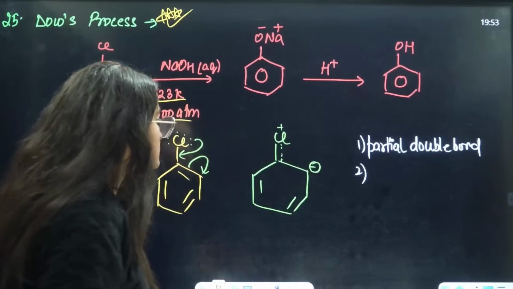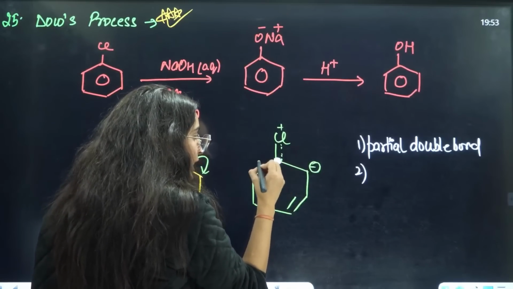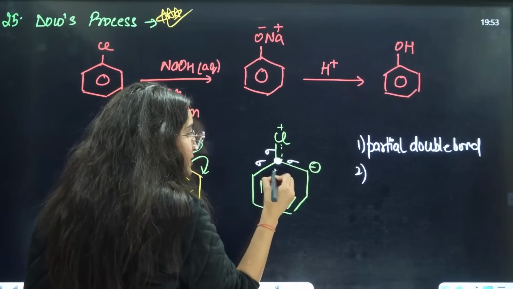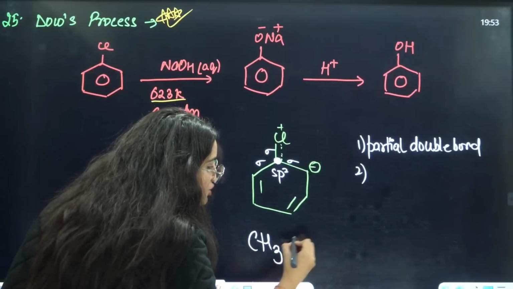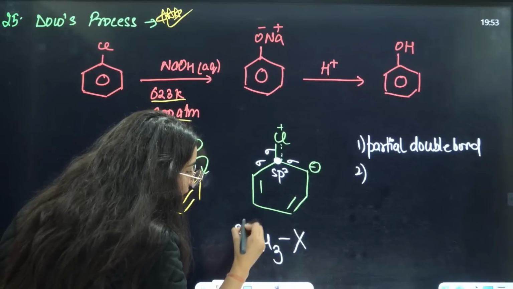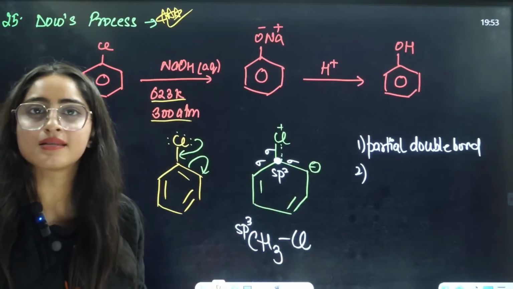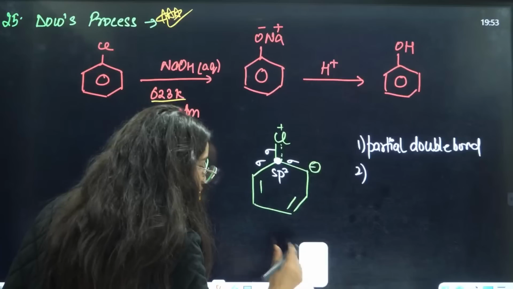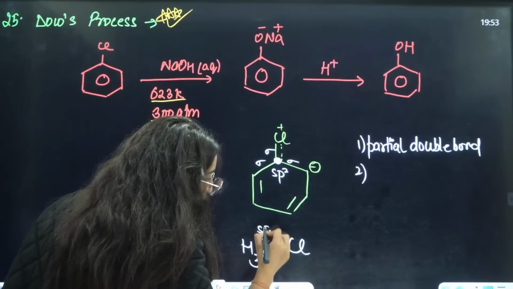Tell me the second reason. We know that it has 1, 2, 3 sigma bonds, so it is sp2. If you talk about a simple alkyl chain, it has sp3. In that case it is easy to break the C-Cl bond, since it is sp3 hybridized.